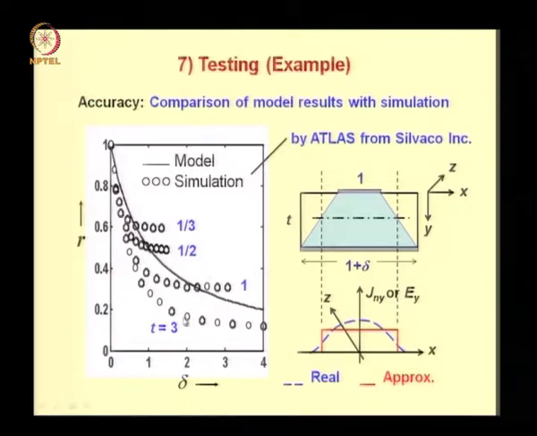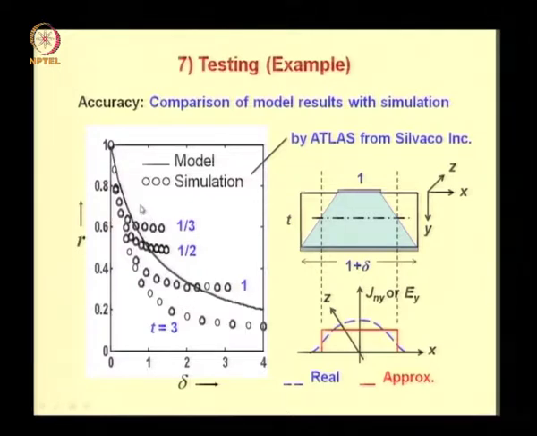So the two differences between the model and the simulations are that the simulation saturates to a non-zero resistance value, whereas our model goes to 0 for large values of delta, and secondly our model predicts no dispersion as a function of the distance between the electrodes or small t, whereas the simulation results clearly show that the saturation value of the resistance is different for different values of small t, which are indicated here.